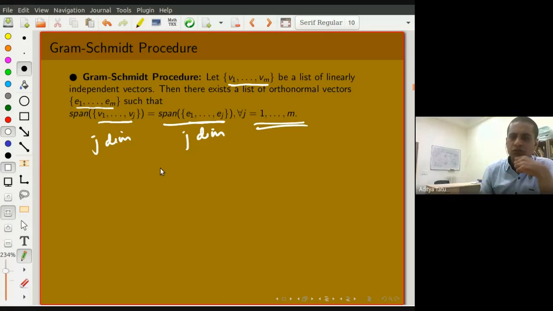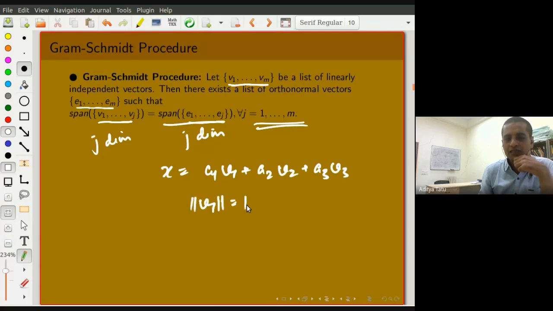But that is also true for linearly independent vectors. So if I write x equal to some a1 v1 plus a2 v2 plus a3 v3, and if you're talking of magnitude, let me say that these are all unit vectors but not necessarily orthogonal. Then won't these coefficients a convey the same thing? How much of x is along v1?